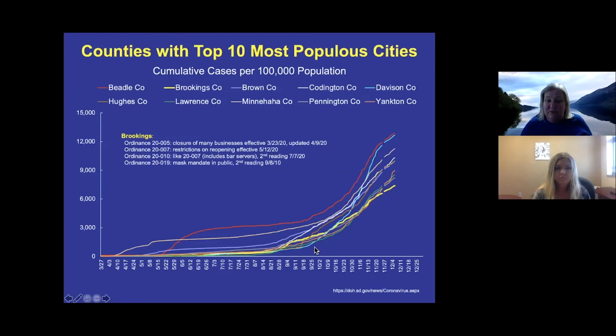And you can see this blue one, Davison County's past them. They're really picking up here. The green one, Lawrence County, starts picking up as well, whereas Brookings stays pretty low. And you have a lot of these counties that were lower than Brookings before the mask mandate that have now surpassed it. So out here, we now have the lowest cumulative number of cases per population size of all top 10 counties.